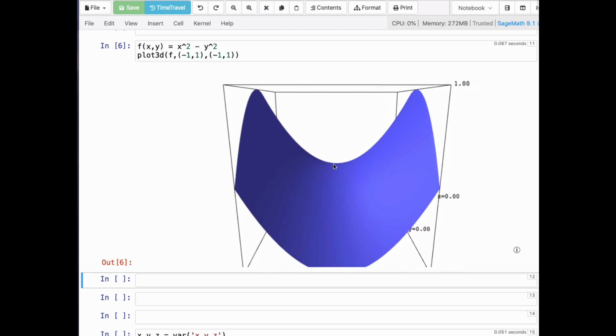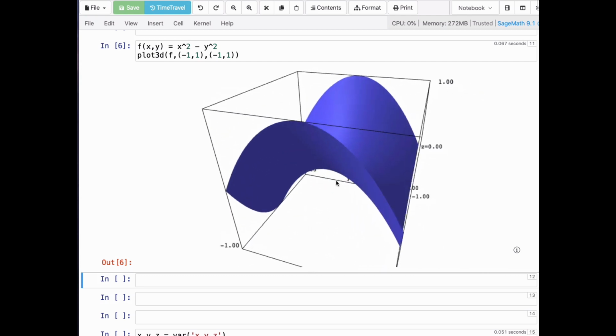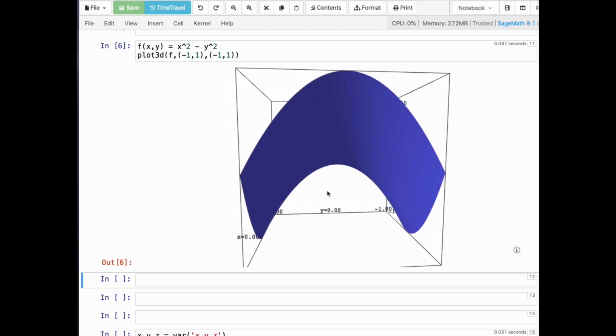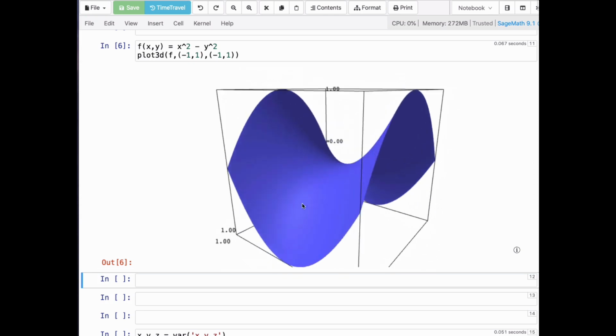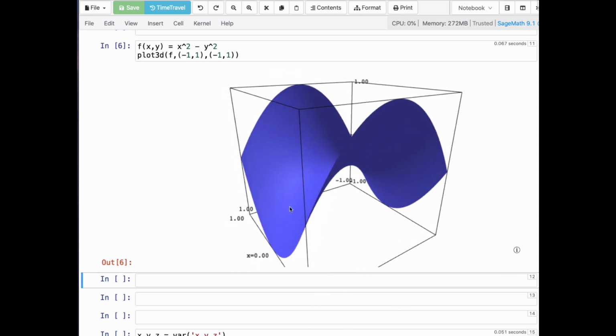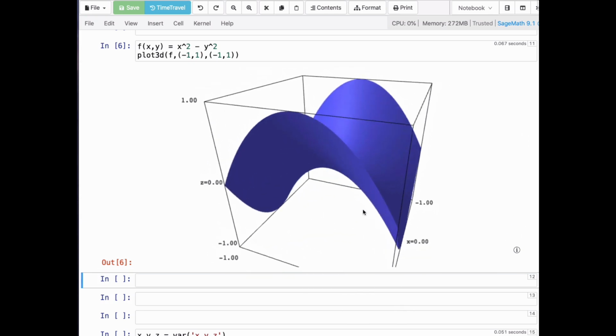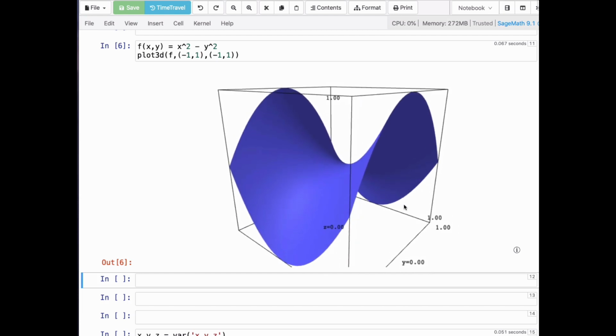As x gets further from 0 in either direction, the positive direction or the negative direction, since there's a positive coefficient here, the output of the function gets large. But in the y direction, as y gets small or large away from 0, the minus y squared contributes negative values here. And so we get this saddle or Pringles shape. We might call this a hyperboloid.